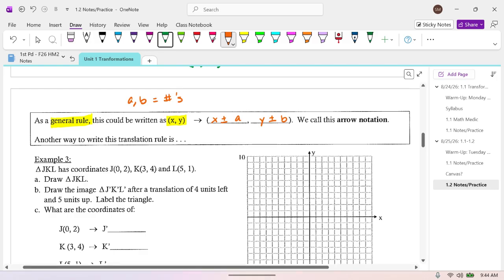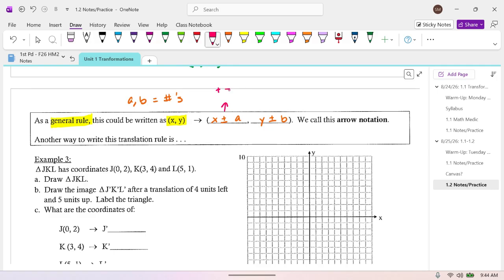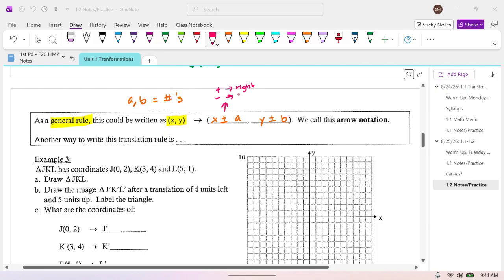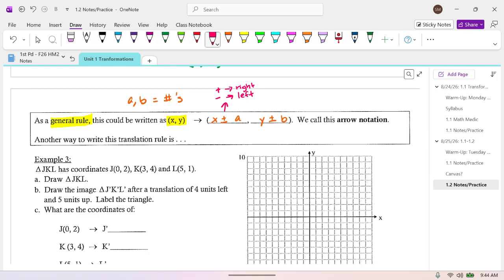Now, for x values, what direction is plus? That's right. Good. Pun not intended. What's minus? What direction? Not down for x. Left. So the way you can remember which one's which, the x-axis is horizontal.